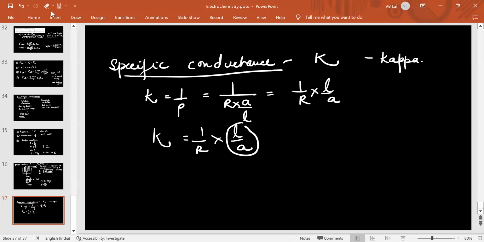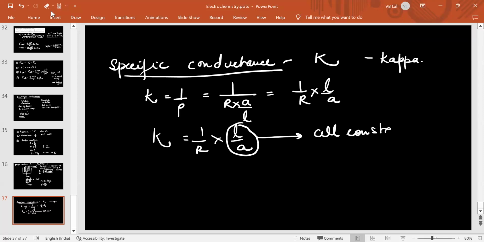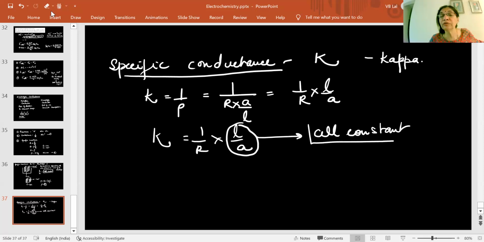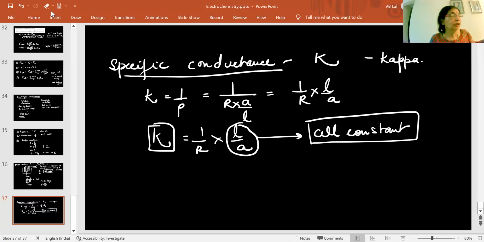L by A, as I told you, is also known as the cell constant, which is always given to you. Either you will be given the cell constant, or the distance between the two electrodes and the area of cross section of the electrode will be given. Then you can calculate the cell constant, and using it you can calculate kappa, which is known as specific conductance.